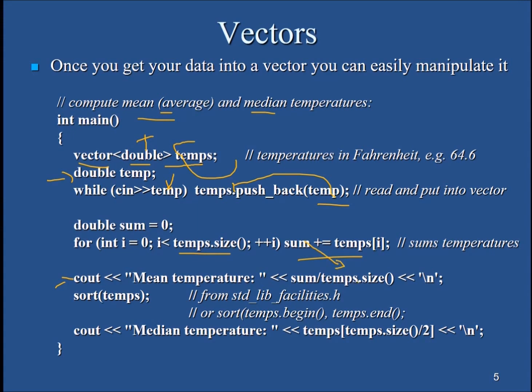So we don't need to know the size in advance, because the number of values being entered by a user will be directly given by this function. Now sorting is done, and by sorting, the mid value, temps dot size divided by 2, will be shown, and this is how we compute the median. So median will be the mid value and mean will be the addition divided by the size.